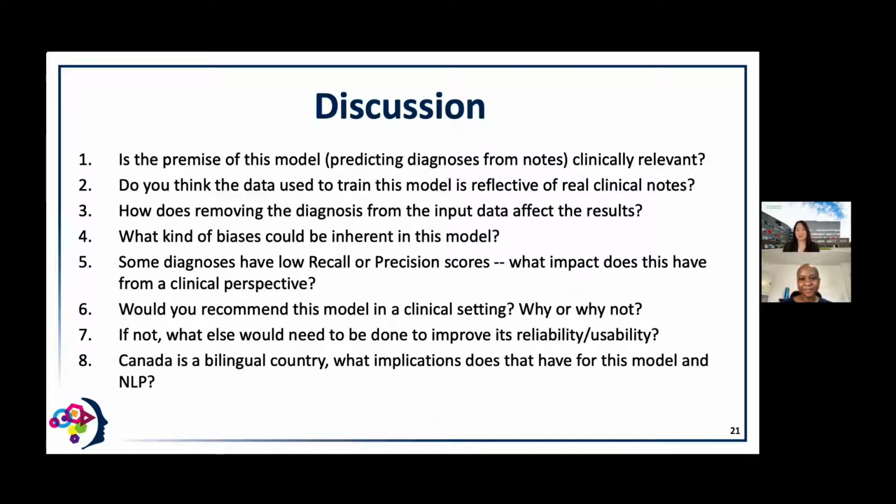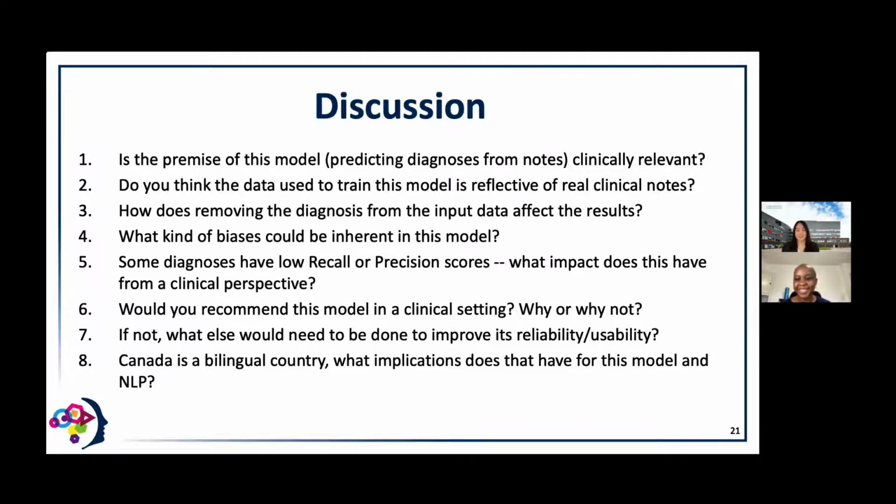So this is saying that the model is actually able to look at the rest of the text, the actual descriptions of the symptoms, to predict that diagnosis. That's a very good point. It's part of that whole black box discussion about neural networks, right? We don't know exactly what the model looked at to arrive at the prediction.